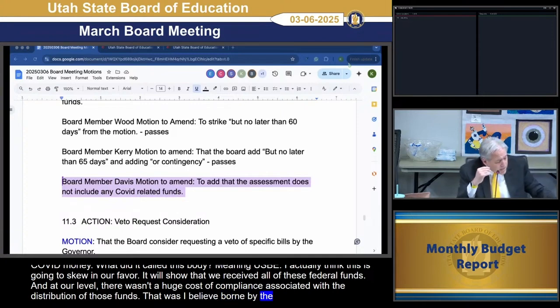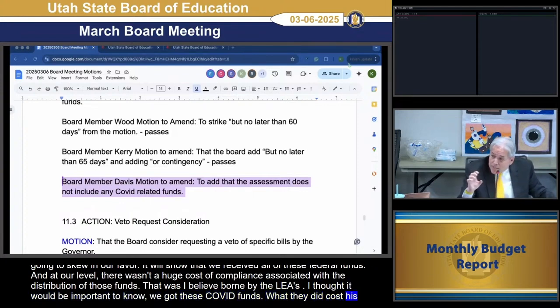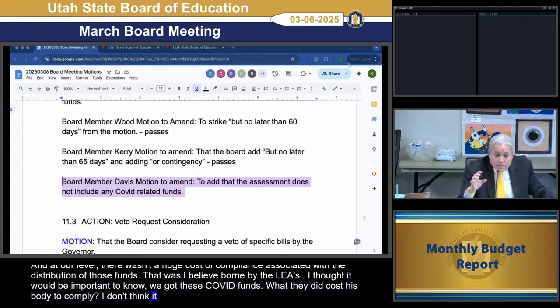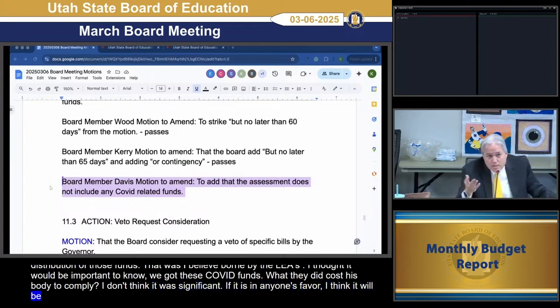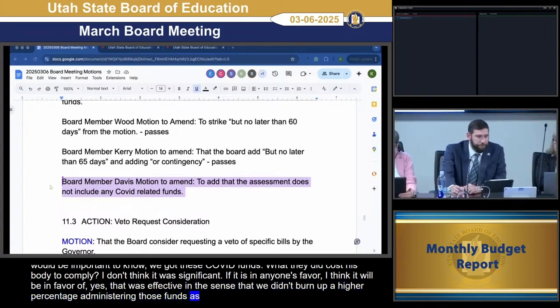Based on the conversations that I've had, I don't think it was significant. So if it skews in anyone's favor, I think it's going to be in favor of, yes, that was effective in the sense that we didn't burn up a higher percentage administering those funds as they were distributed to the LEAs. Thank you. Vice Chair Hart?